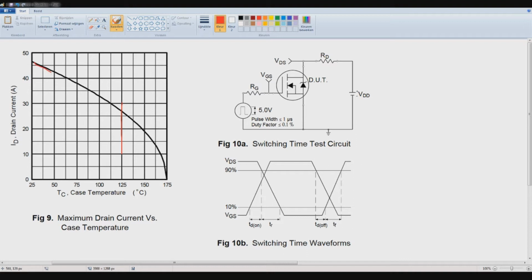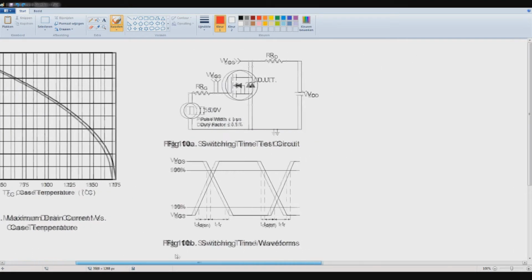This is all pretty linear, but then this goes very fast, and as you can see over here, 175C, the max current is 0, obviously, because if you draw current at the maximum temperature you get a breakdown and you might kill your MOSFET. It's pretty easy graph to visualize and to understand.